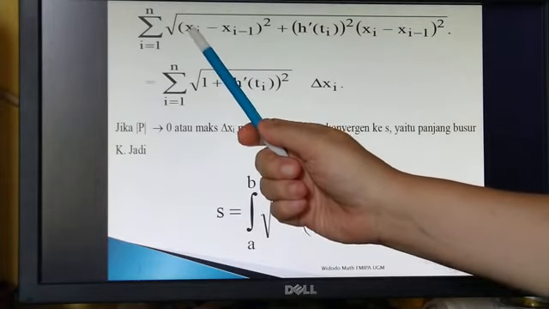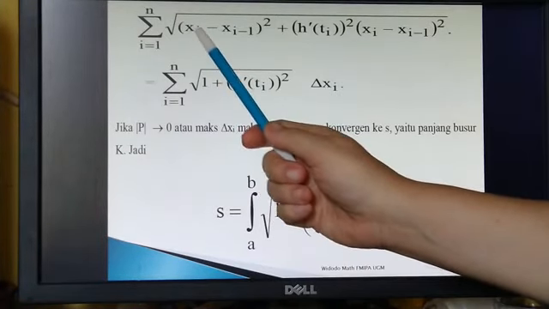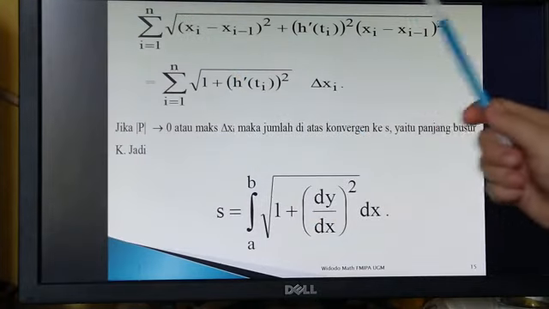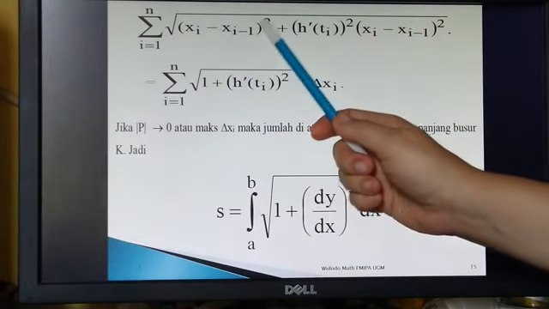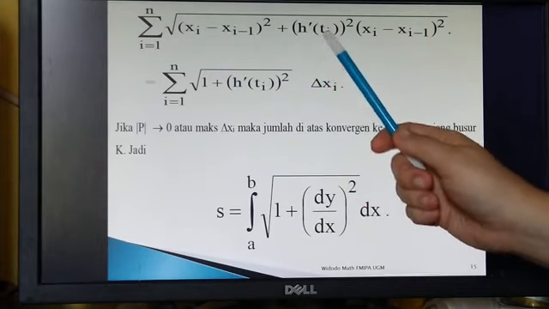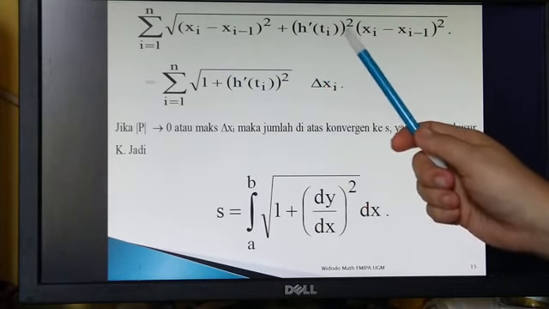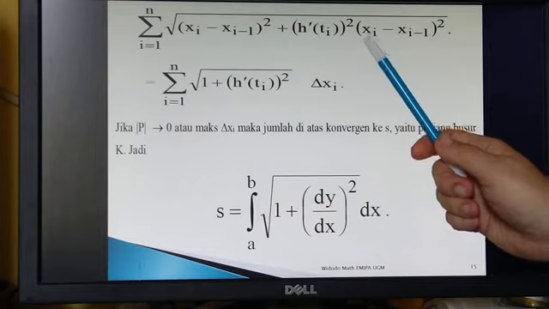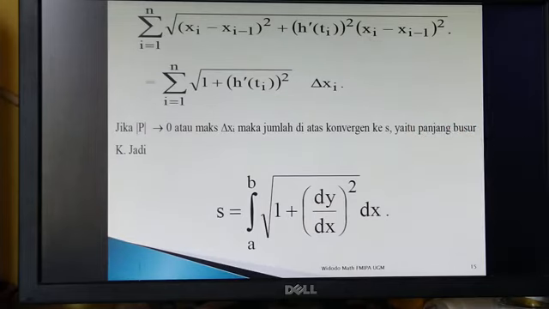So the sum will become the sigma of the square root of delta xi squared plus h prime, the derivative of h at ti, squared times delta xi squared.